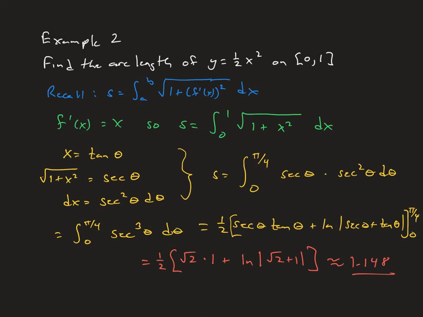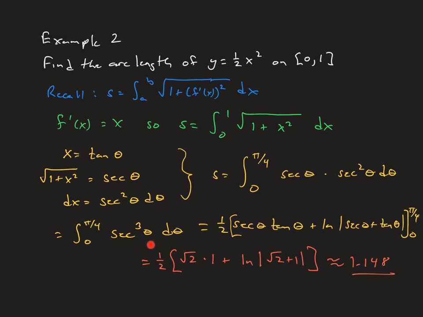And so doing my substitution, I have the integral from 0 to pi over 4 of secant of theta, that's my square root, times dx, which is secant squared theta d theta, which simplifies here. This problem should look somewhat familiar to you, because we did this one when we worked with integration by parts.